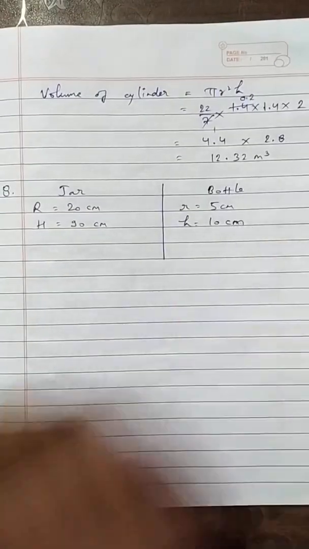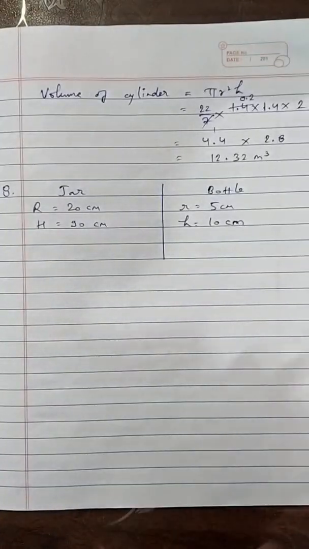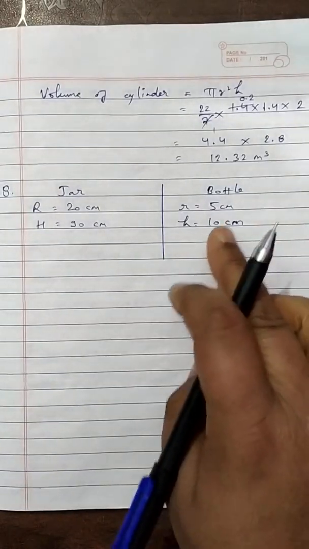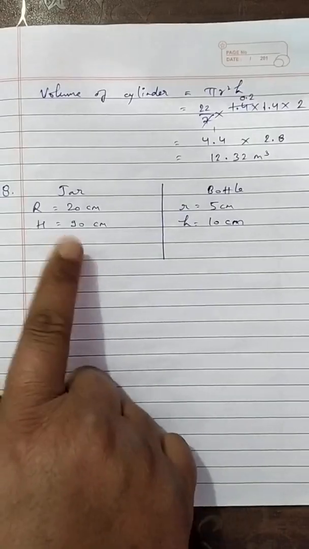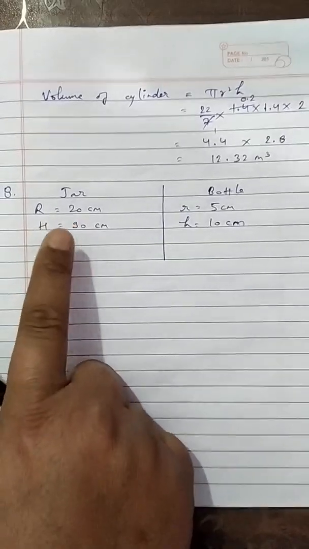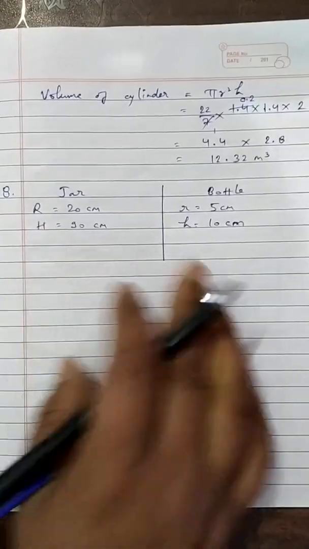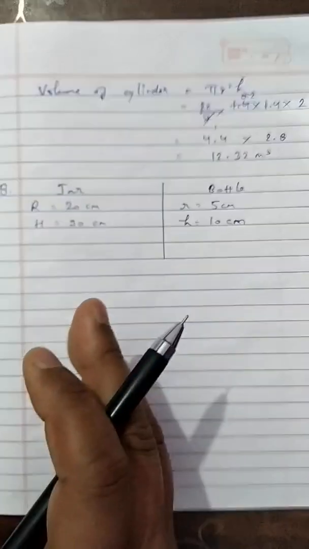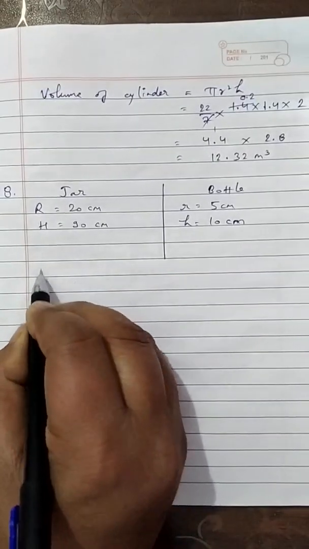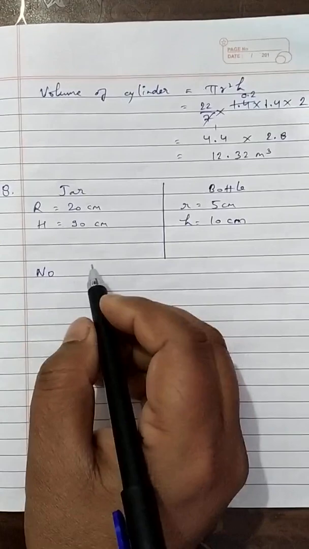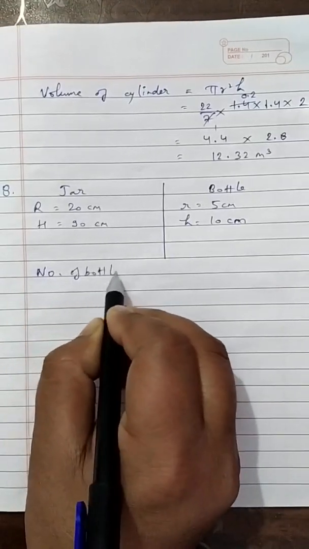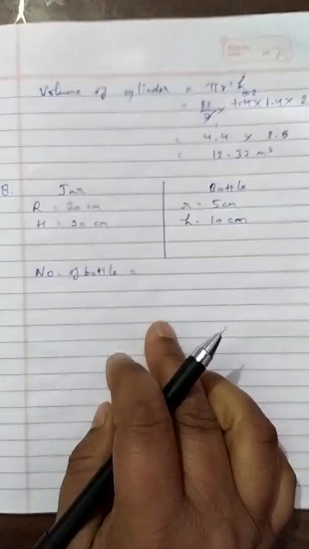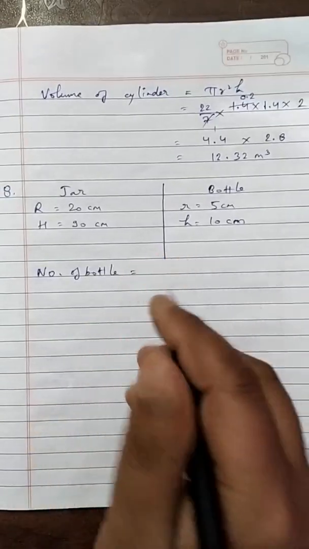We have to find how many small bottles of this dimension can be filled from this jar. For that we have to find the value of number of bottles. As I have told you, the larger volume is in the numerator.